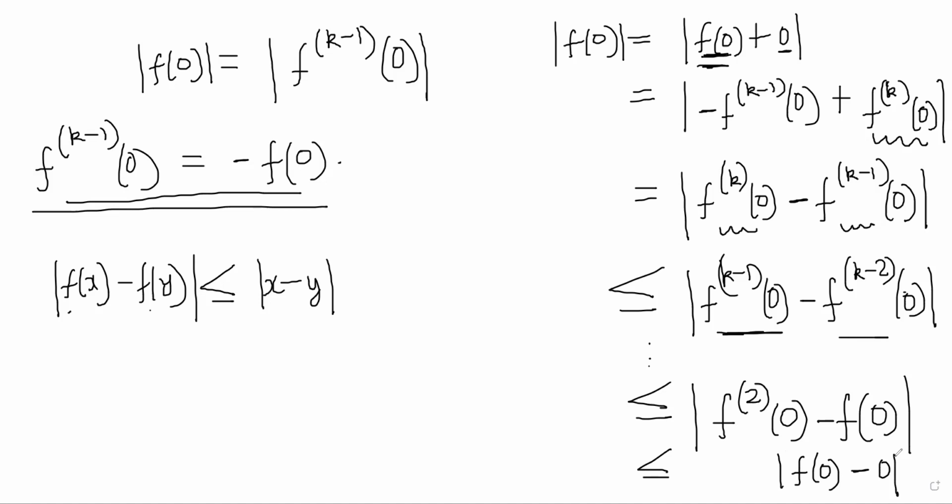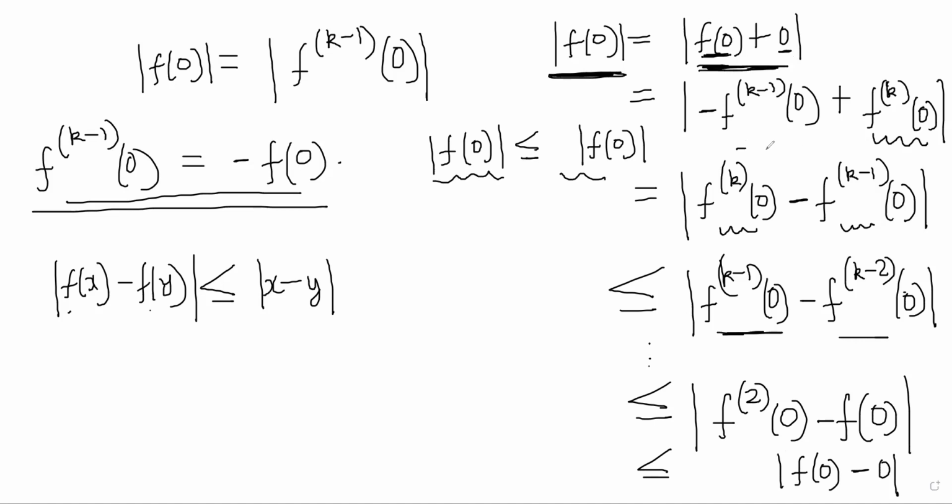So that implies that we are finally getting mod of f of 0, right? You started out from here, you are writing it like this, and getting so many inequalities, right? And ultimately you're getting mod of f of 0 only here at the end, right?